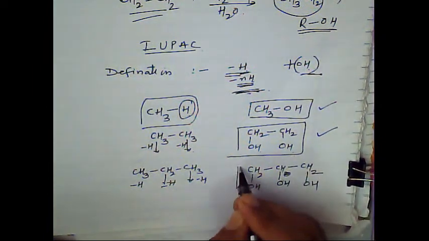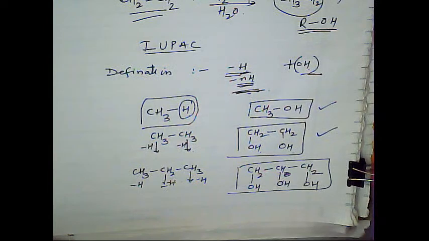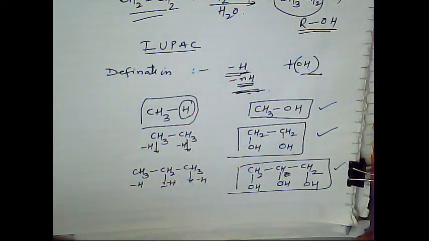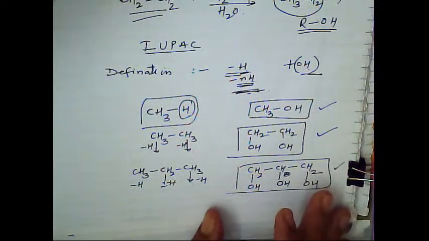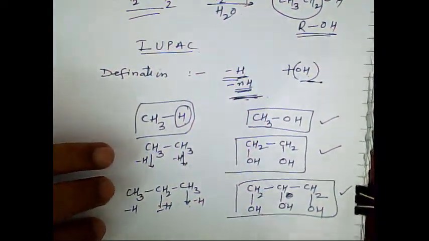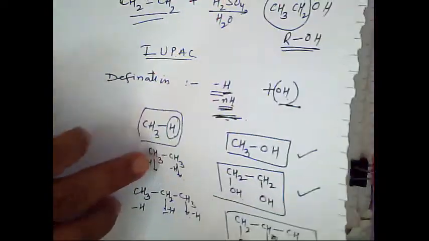In this way you get an alcohol where three hydrogens are replaced by three OH groups. So we can define alcohol as the class of compounds in which one or more hydrogen atoms from an alkane are replaced by an equal number of OH groups.